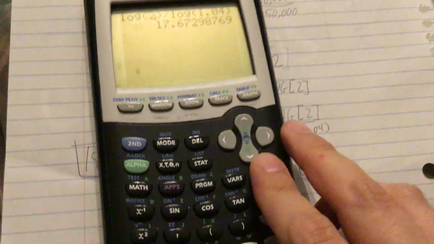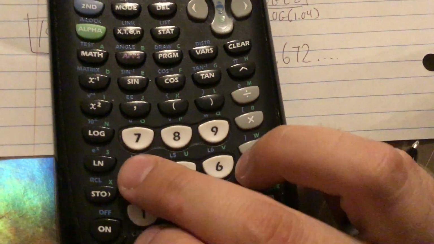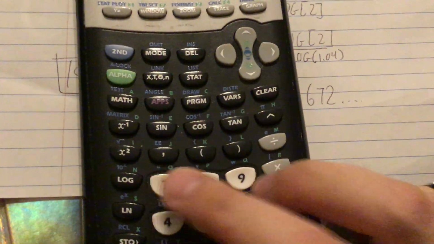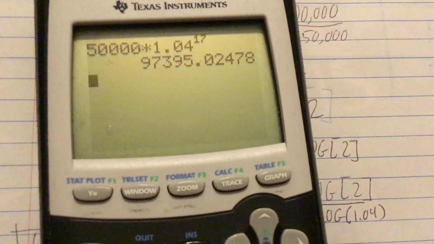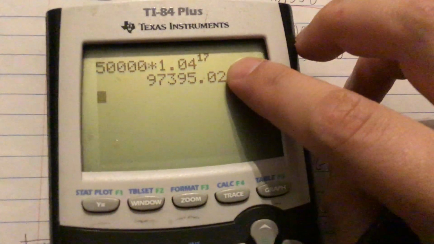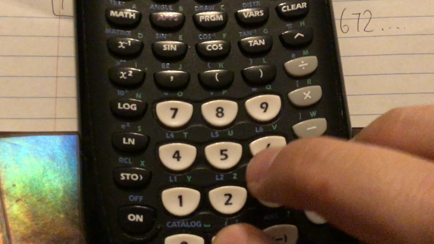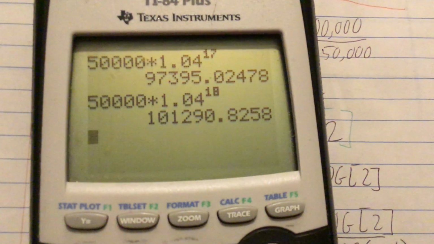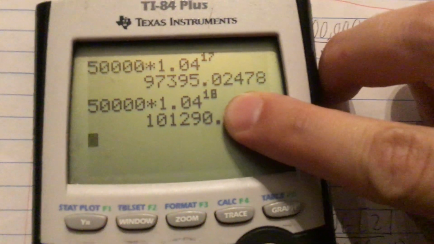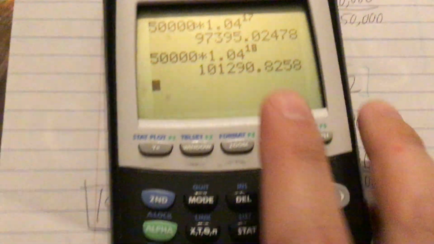So let's check this out. $50,000 times 1.04 to the 17th power would get me $97,395.02 as my salary. But if I did $50,000 times 1.04 to the 18th power, that's going to make me go above $100,000. Use your common sense. Okay?